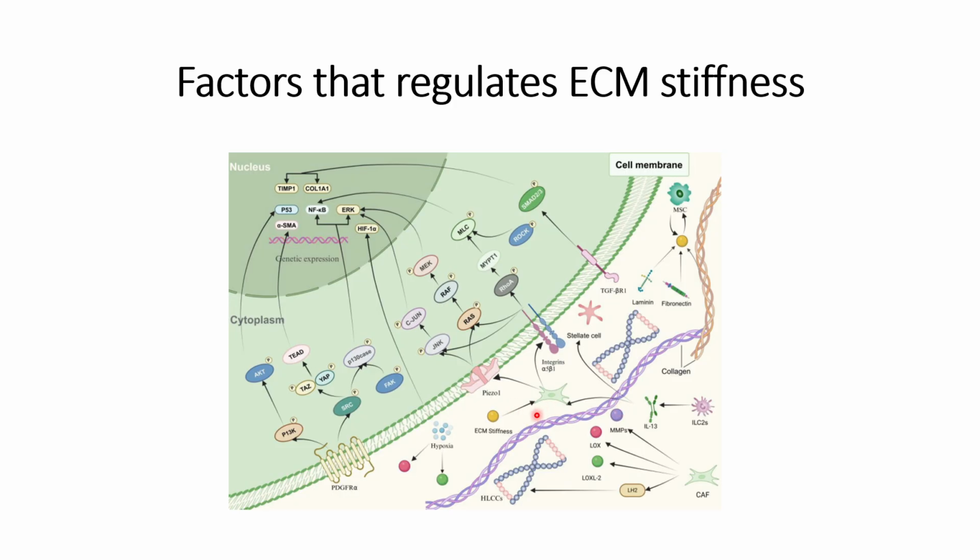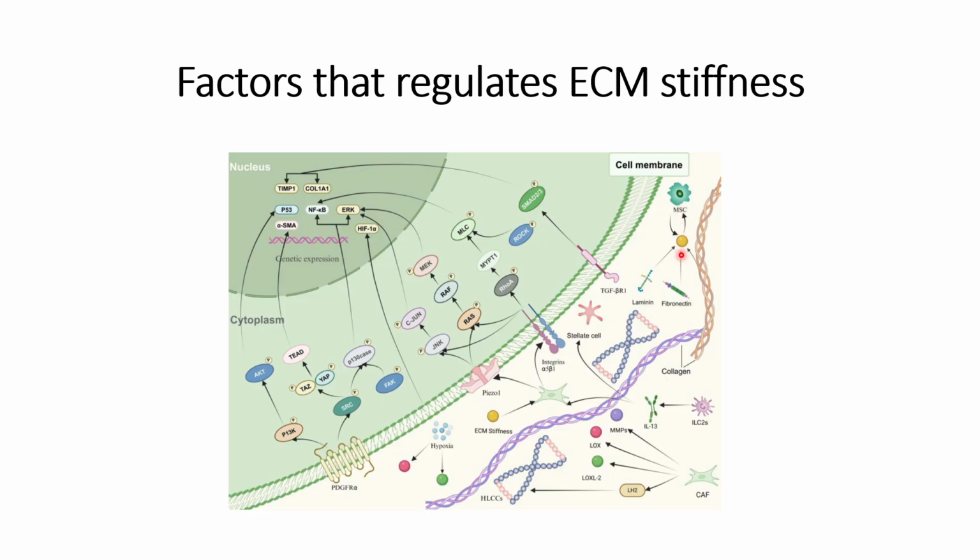And there is also mention that ECM stiffness also depends on, as shown here, Piezo1 and integrin beta 1. Once it is stiffened, then it will interact with integrin beta 1 and Piezo1, and this in return will lead to further strengthening of this ECM stiffness, because it will release more collagen.